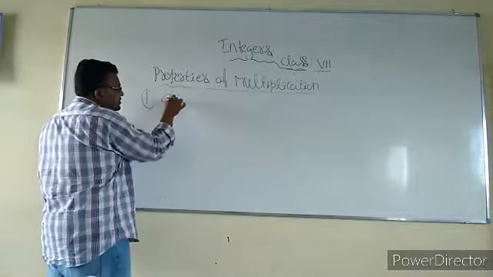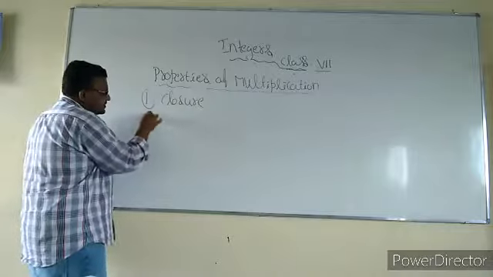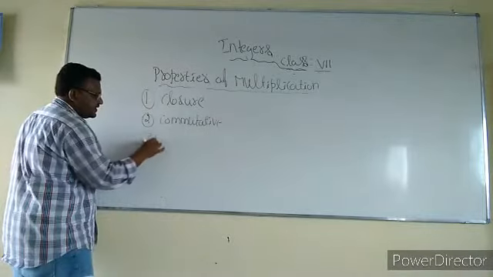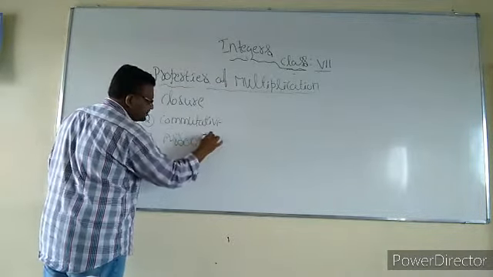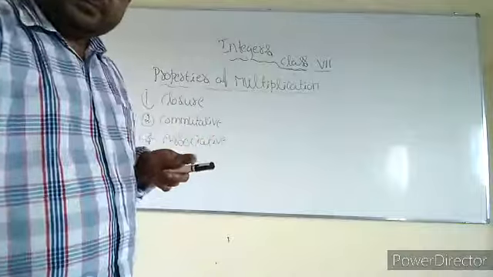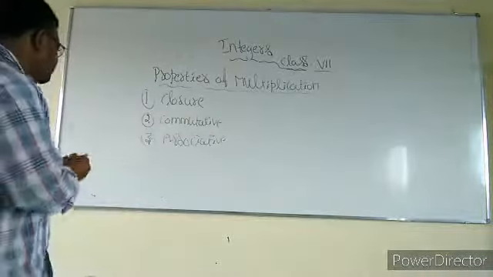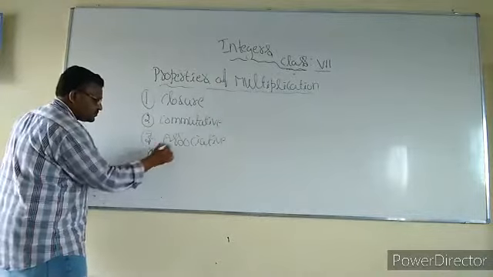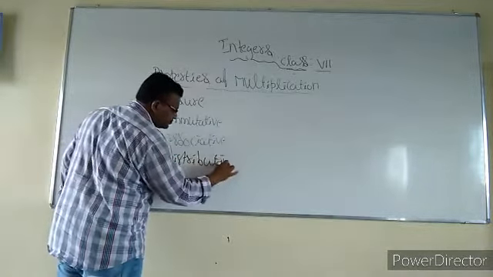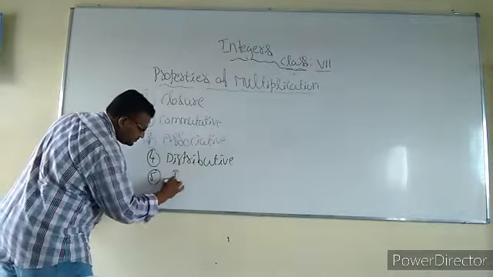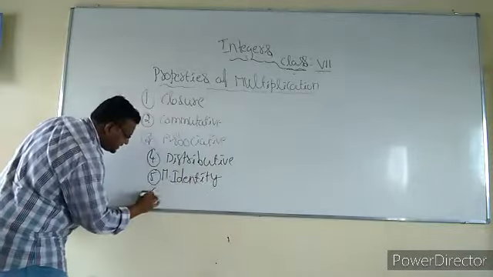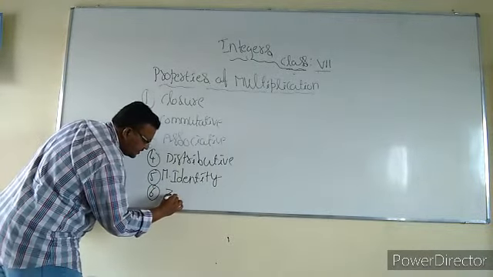The first one is closure, second one is commutative, third one is associative, the fourth one is distributive, the fifth one is multiplicative identity, and the sixth one is the multiplicative zero property.